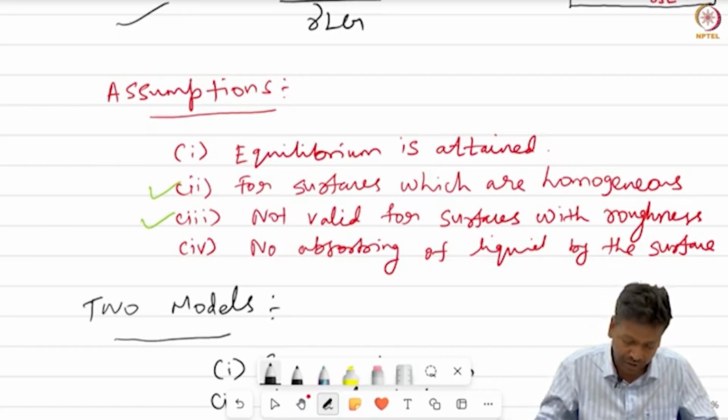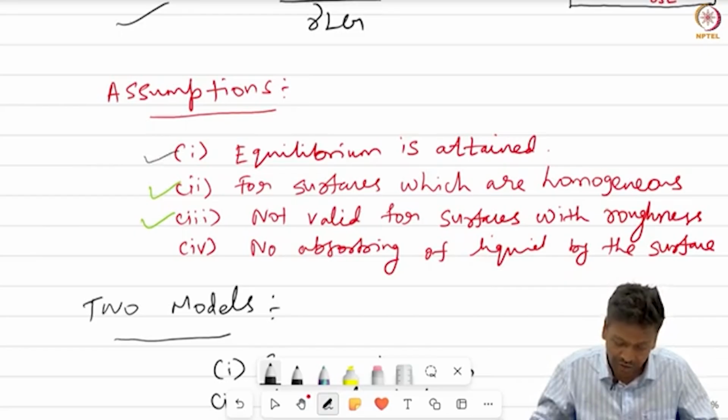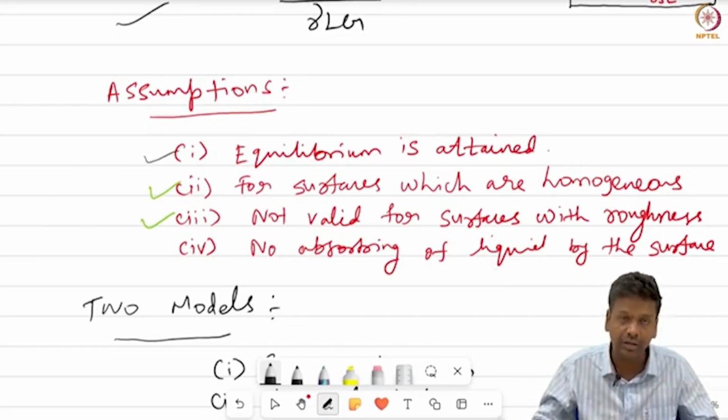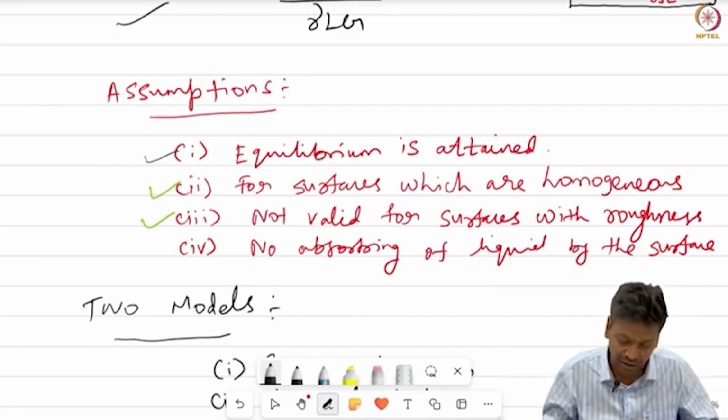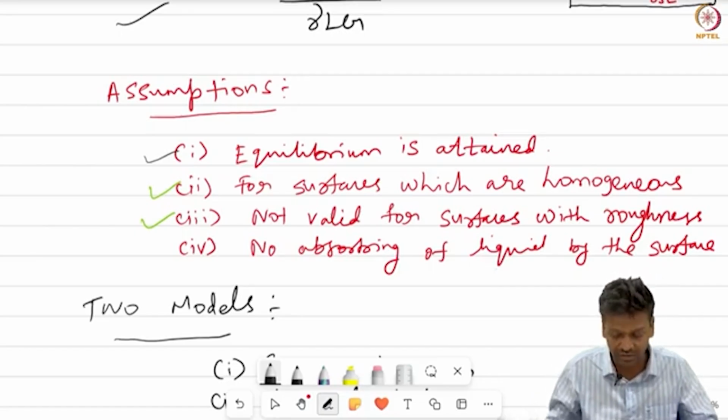The second and third assumptions are that it is applicable for surfaces which are chemically homogeneous and smooth. This equation is not applicable for surfaces which are heterogeneous, and surfaces with roughness.